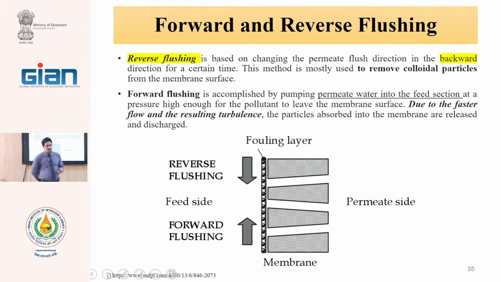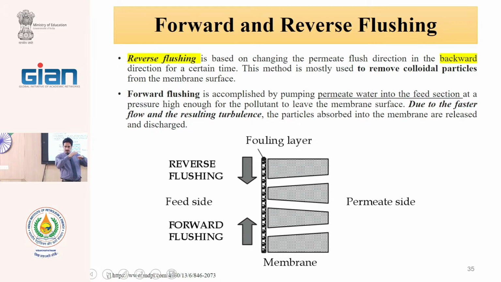In the washing of membranes, we have 2 types of washing. One is forward washing, second is reverse washing, or back washing. Forward, reverse, back. 3 types, okay? Backwash means we insert the permeate from bottom to surface.